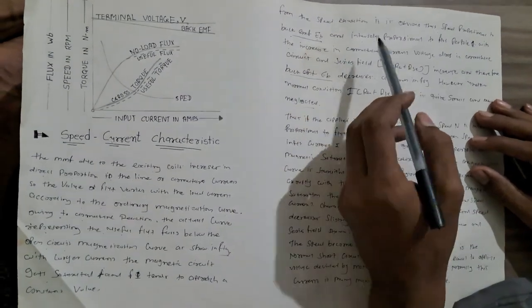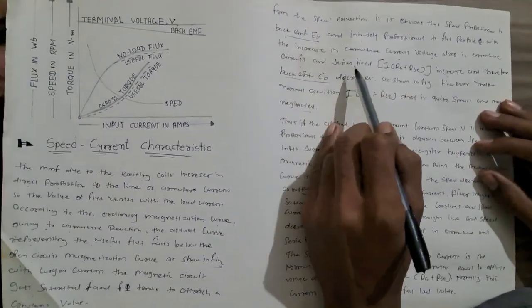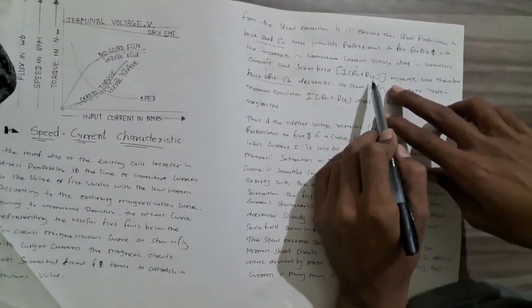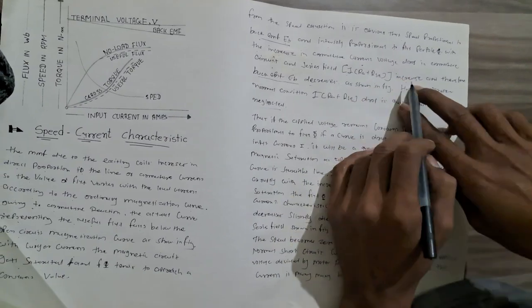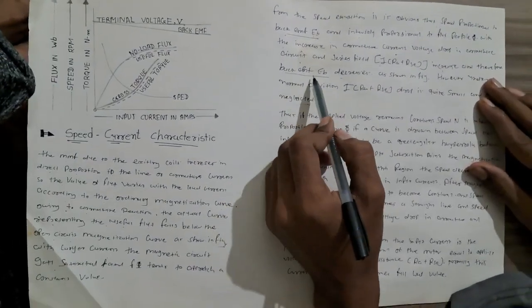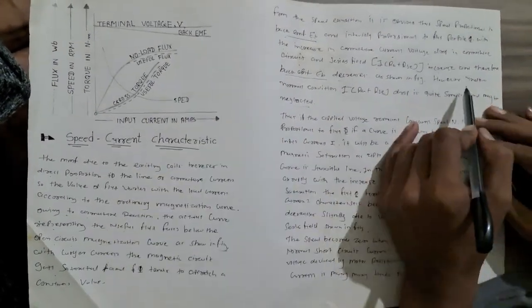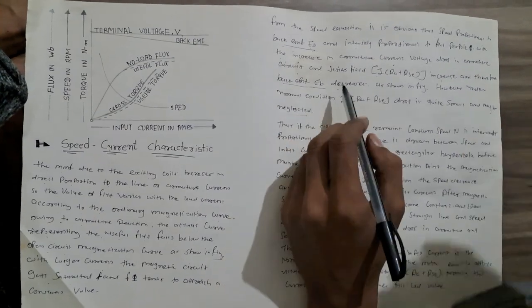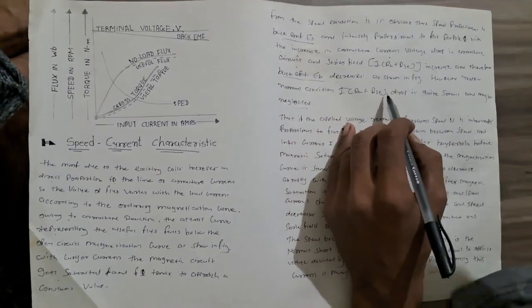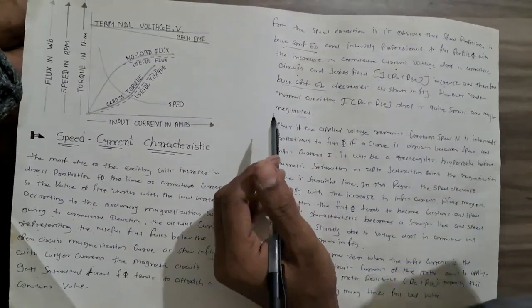With the increase in armature current, the voltage drop in the armature circuit and series field, I(Ra plus Rse), increases, therefore back EMF Eb decreases as shown in the figure. However, under normal conditions, the drop I(Ra plus Rse) is quite small and may be neglected.